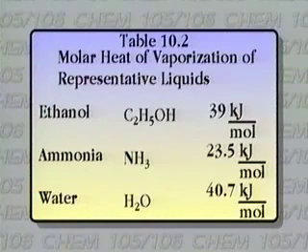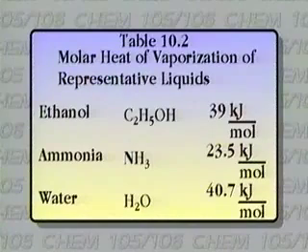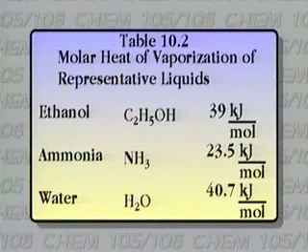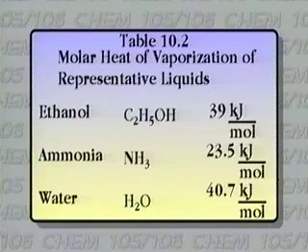To change 18 grams of water, that's about 18 milliliters, from a liquid to a gas at 100 Celsius degrees, we've already heated it there, it will require 40.7 kilojoules of energy. 18 grams of water would require 40.7 kilojoules of energy to change it from liquid to gas.